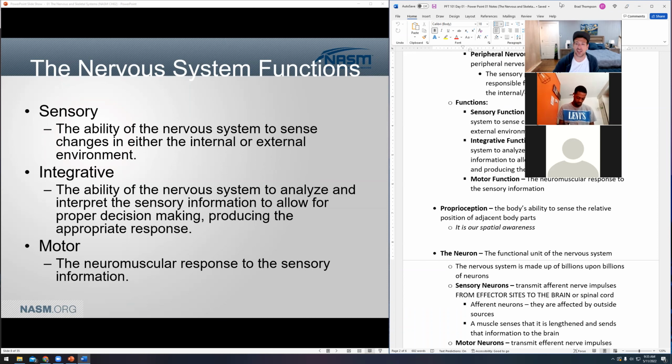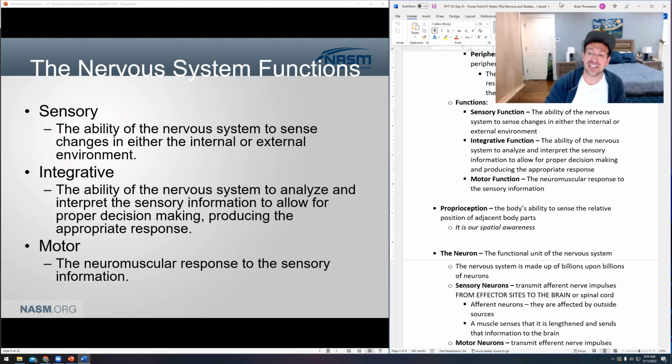Now, I kind of just touched on, how do you know how much strength to use? Well, that's the integrative information, right? So the integrative information, in my opinion, is the coolest. It's the ability of your nervous system to analyze and interpret the sensory information. This allows for proper decision making, right?